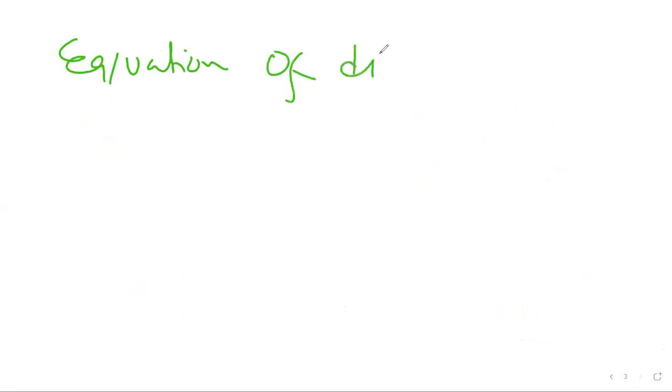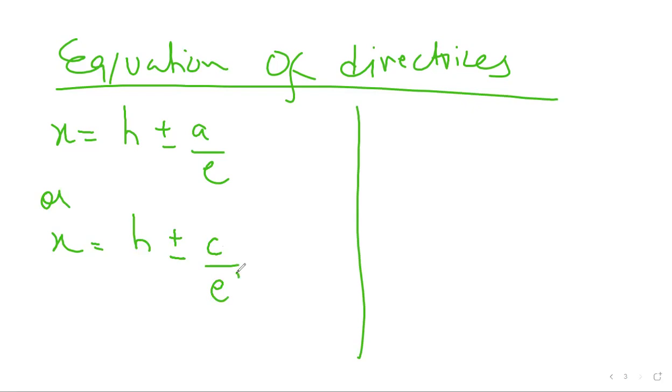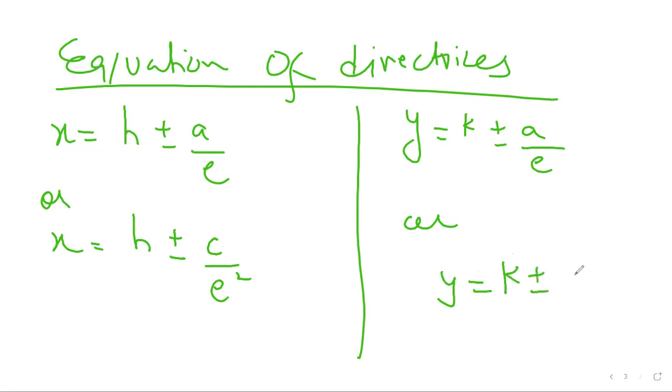For the x-axis, the equation of directrices is x equals h plus minus a upon e, and you can also write it as h plus minus c upon e square. Both are the same. Here, for the y-axis, y is equal to k plus minus a upon e, or you can write y is equal to k plus minus c upon e square.